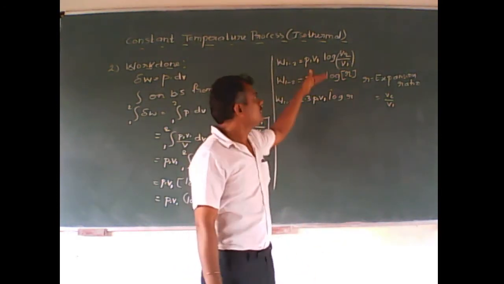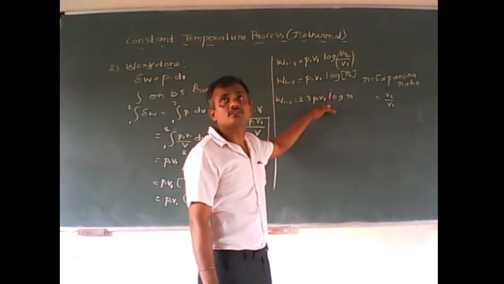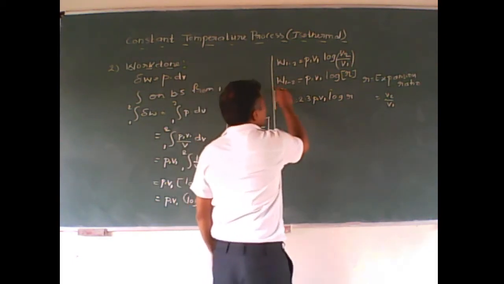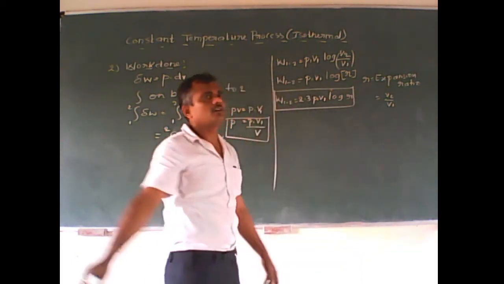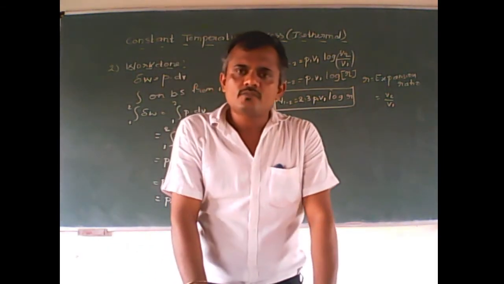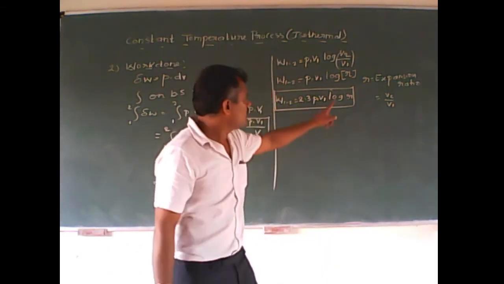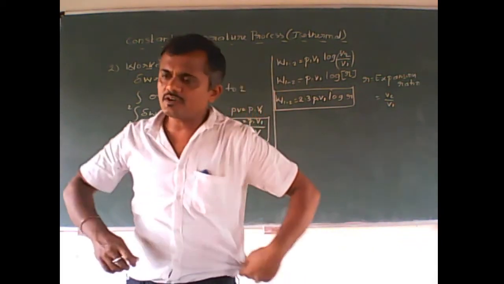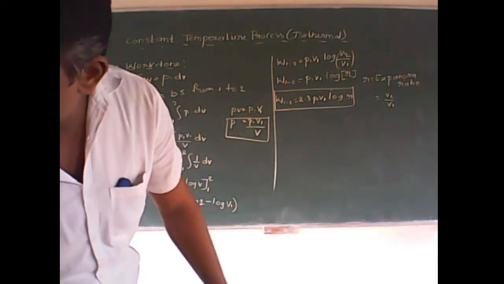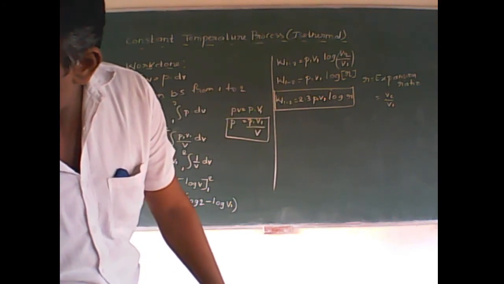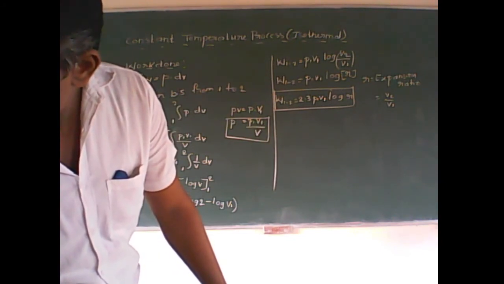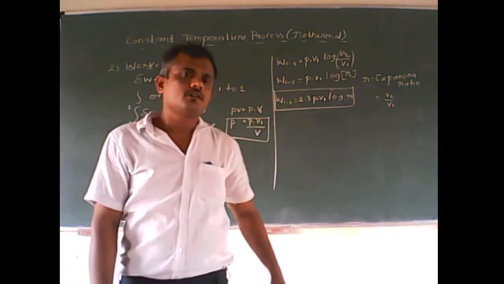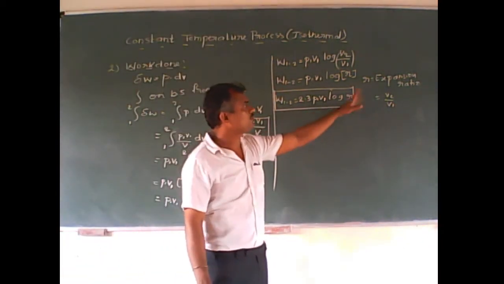So you can use either this equation or this equation for solving the problem. I would like to take this as the expression for work done, and make sure that R is for expansion, R is V2 by V1.